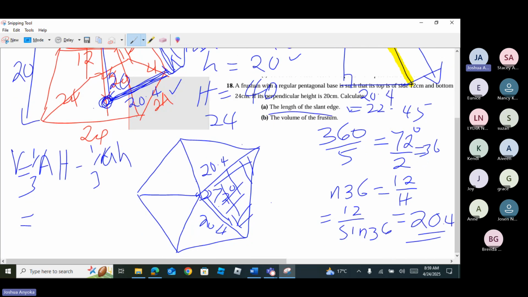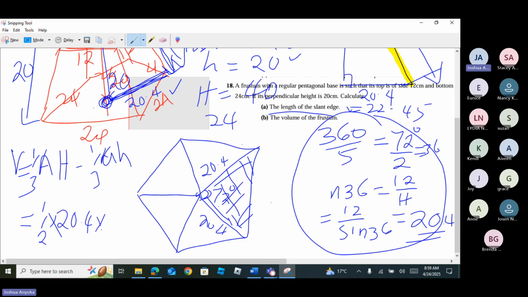and the area, so the cross-section area of the base, which is a pentagon, is equal to a half times 20.4 times 20.4 sine 72. What do you get?